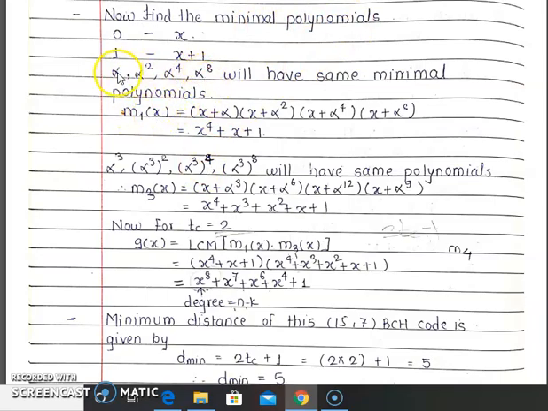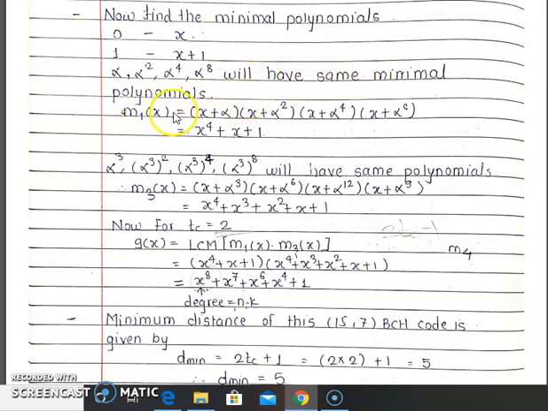Starting with alpha, we put alpha as beta, then beta raised to 2, then beta raised to 2 raised to 2, then beta raised to 2 raised to 3, that is 8, so it is coming alpha 8. This group of elements has the same minimal polynomial.